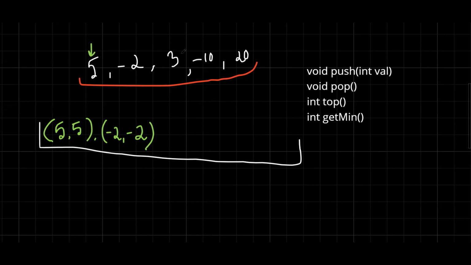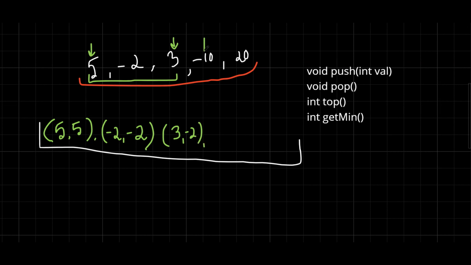So now for this element 3, the pair's first element will be 3 itself. And the second entry will be the most minimum element till now, or in this range. So for this range, the most minimum value will be minus 2.